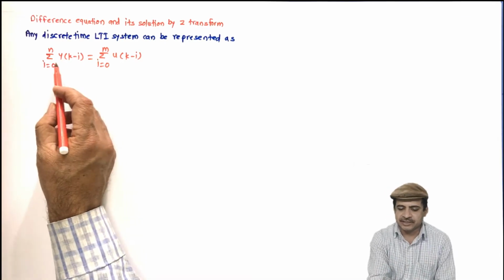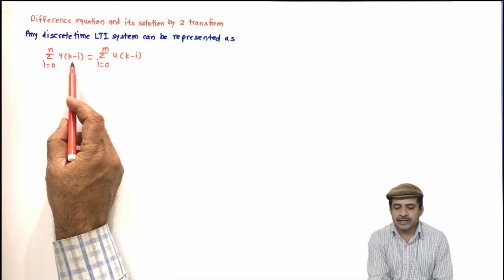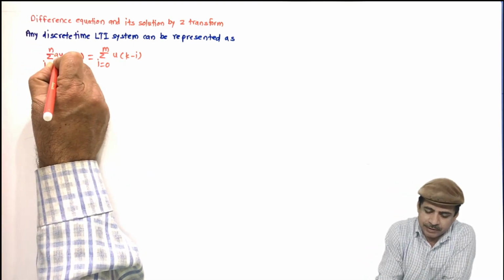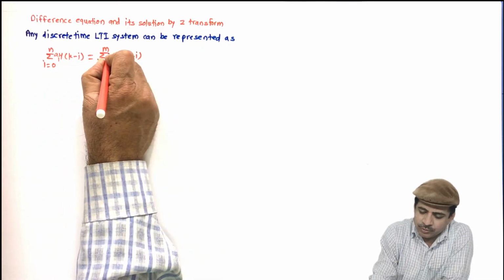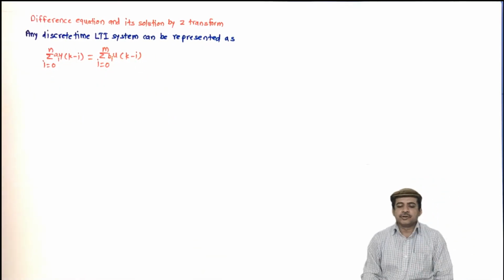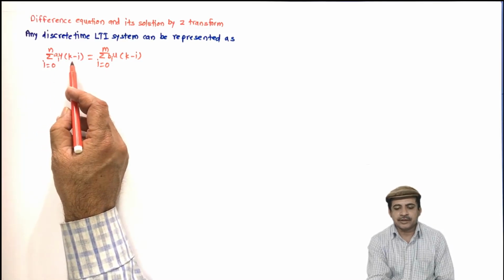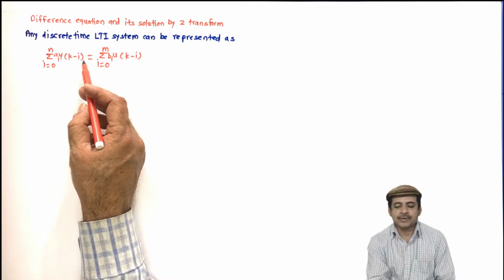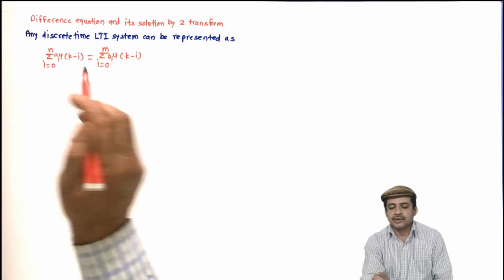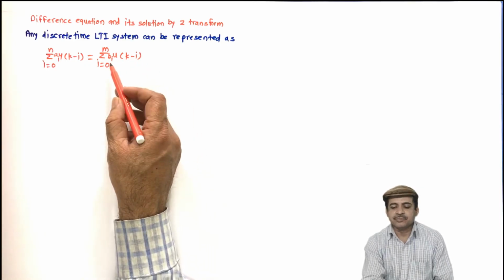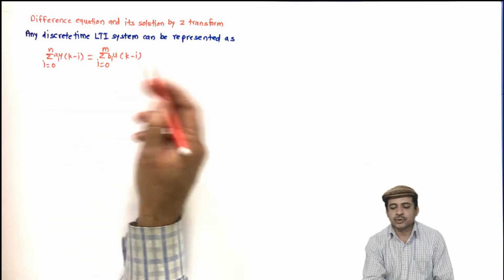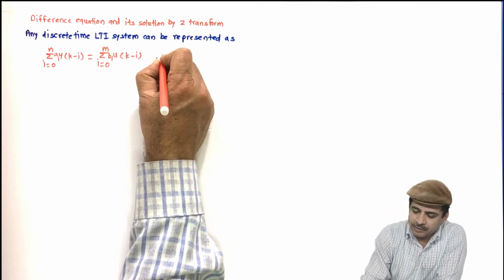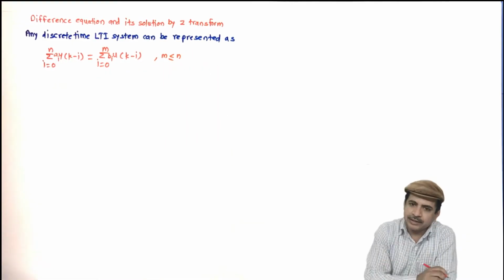This can be expanded as, with the coefficients ai and bi, a0 y of k plus a1 y of k minus 1 and so on up to an y of k minus n, equated to b0 u of k plus b1 u of k minus 1 and so on up to bm u of k minus m, where m is always less than or equal to n for causality.